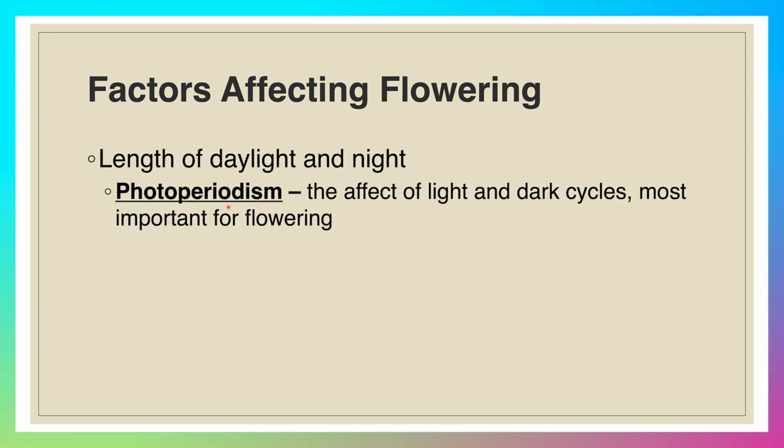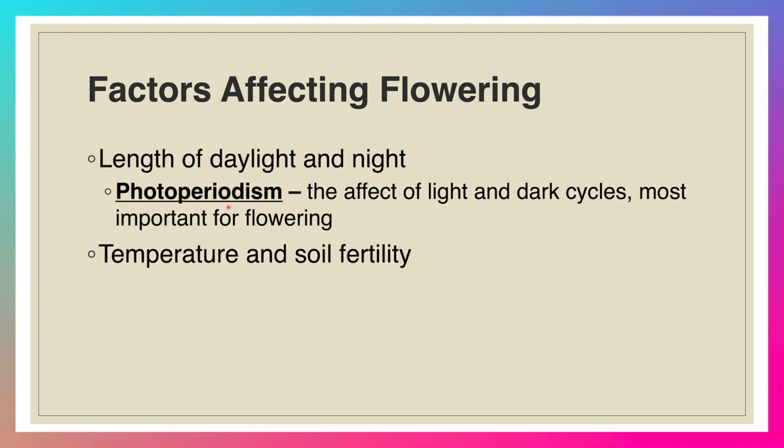This effect of light and dark cycles is called photoperiodism, and it's the most important aspect that affects flowering. Other things that affect flowering include the environmental temperature and the soil fertility.